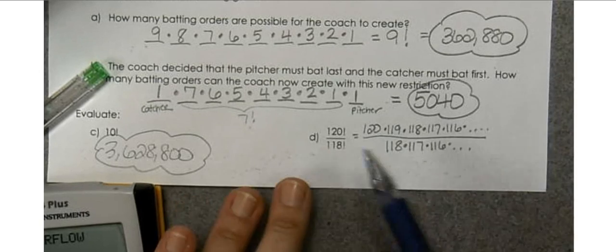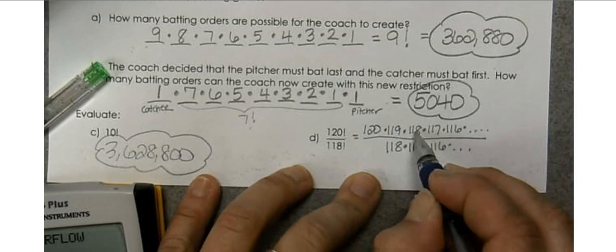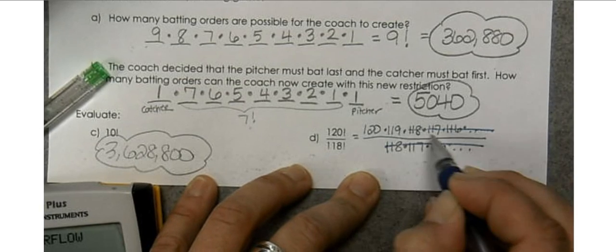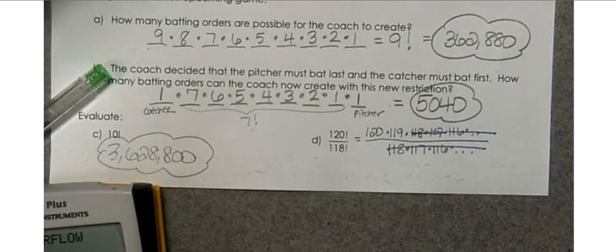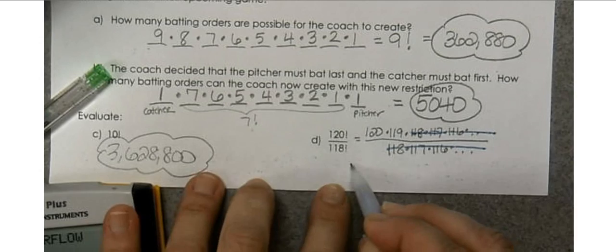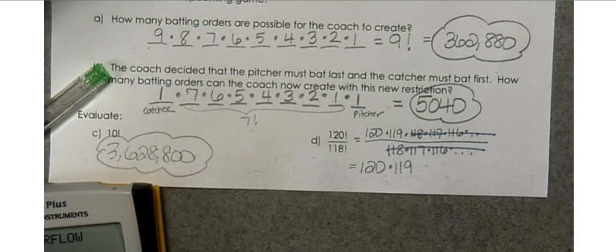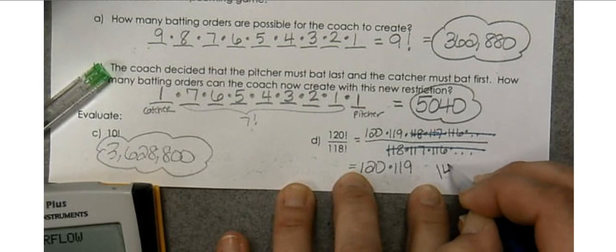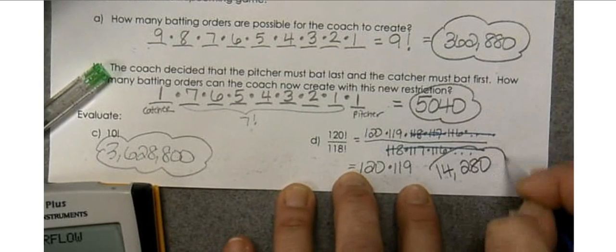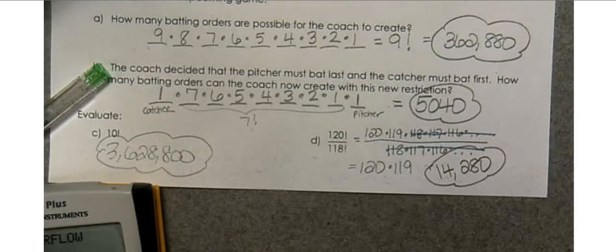So in a case like this where we have overflow, we're going to have to cancel out those common factors and just enter in our calculator 120 times 119. That the calculator can handle. We get 14,280. So be real careful in those overflow problems.